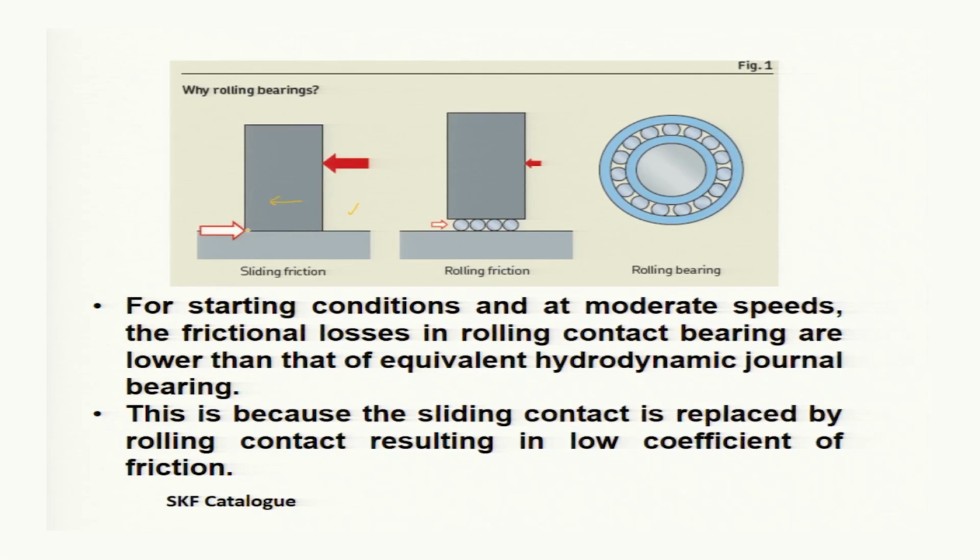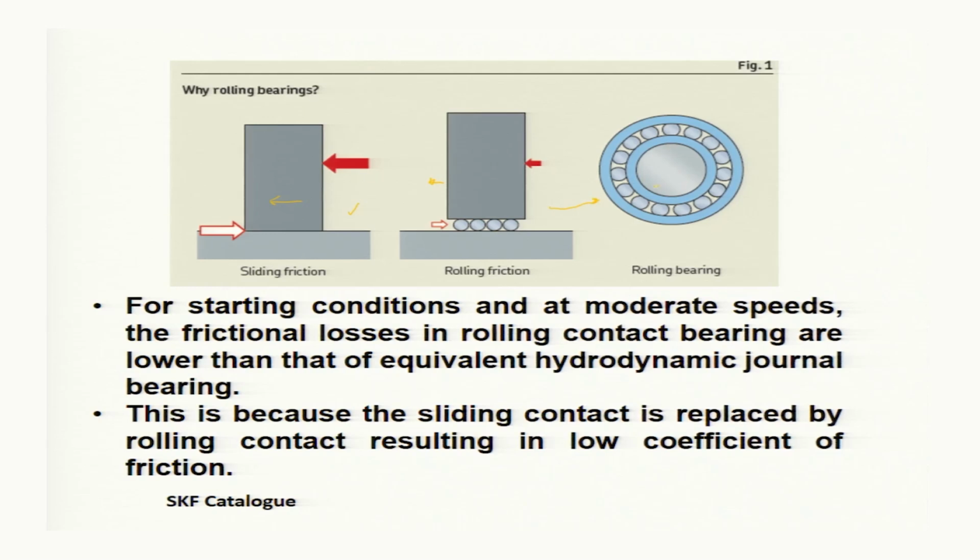Now if some lubricant is applied between these two surfaces, then the friction will reduce, but there will be a considerable amount of friction. But if these two surfaces are separated by rolling elements, then a smaller force may slide this mass against this one, and that is done in the rolling element bearing.